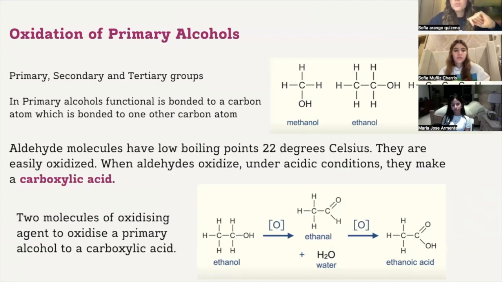Now, in order to produce the carboxylic acid, we're going to have a reaction to produce the aldehyde. Then we need two molecules of oxidizing agent to oxidize a primary alcohol and later produce a carboxylic acid, as we can see in our image.